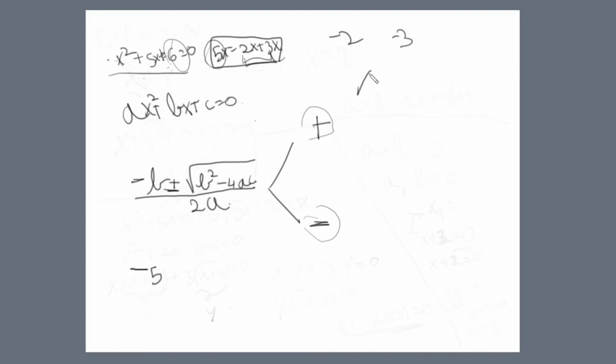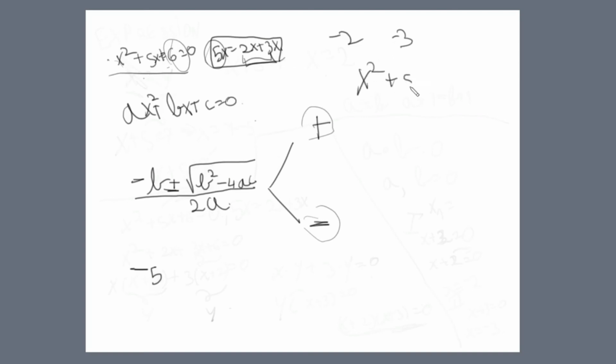Minus b plus minus, I'm going to explain what plus minus means in a second, the square root of b squared minus 4ac, everything over 2a. Now, basically, plus minus means that there are two cases, one in which we use the plus and another case in which we use the minus. And you remember we got two different solutions for this one. We got minus 2 and minus 3. And basically, each one of those cases gives you one of the solutions.